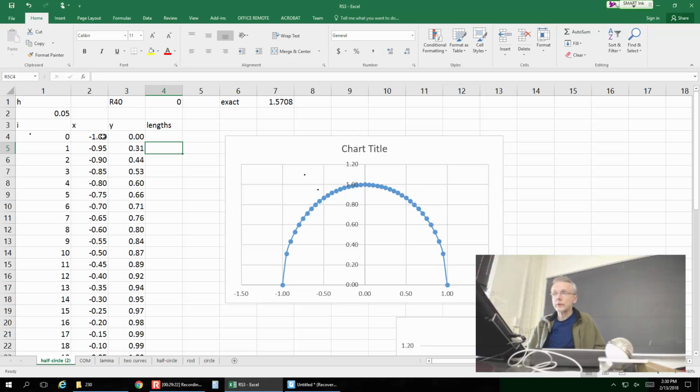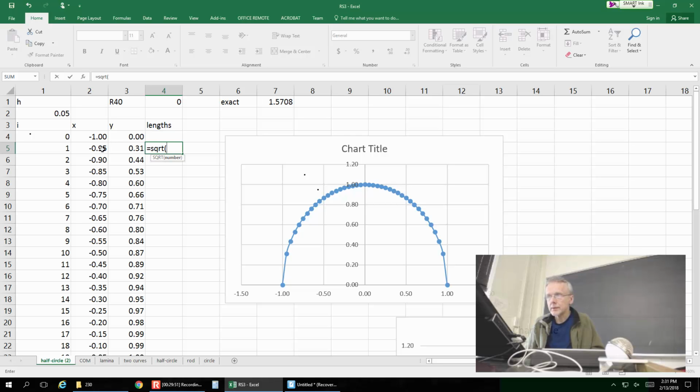I have these four numbers, which are 2 consecutive points, and I will put its length over here. We have the formula. I just type equal to what? The distance formula, dimension 2: square root of x minus x prime squared plus y minus y prime squared.